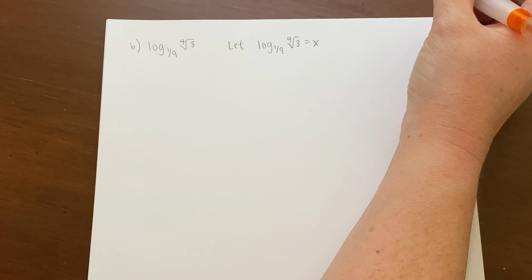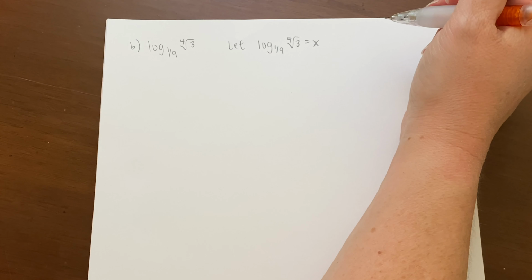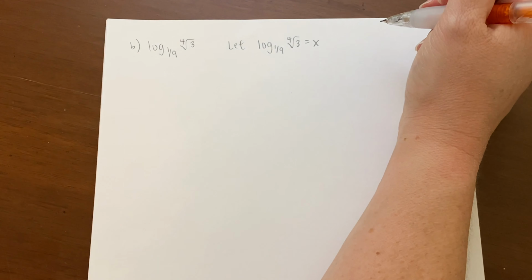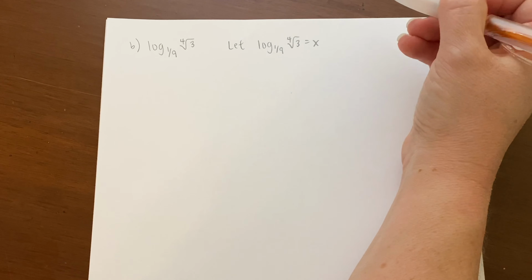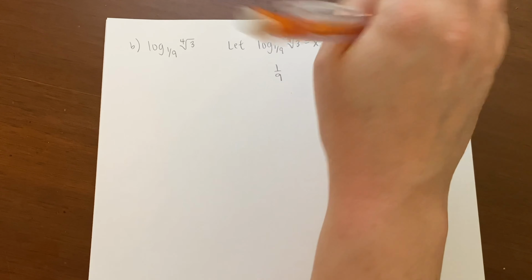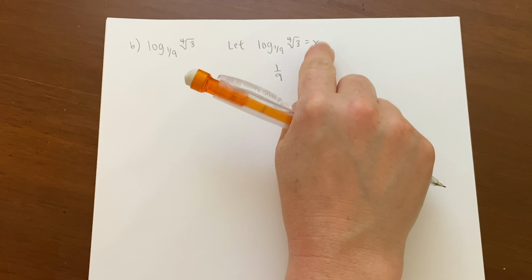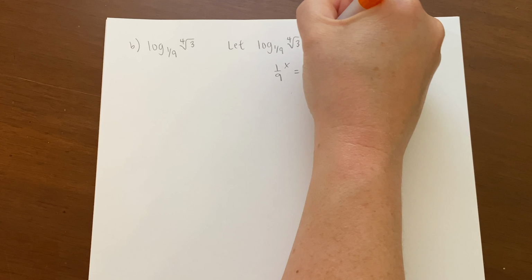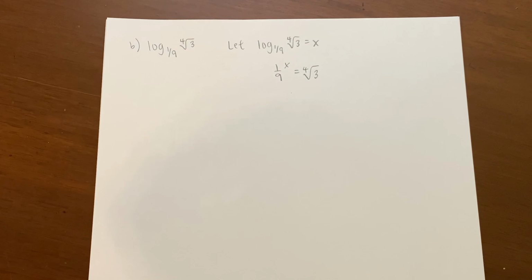And then it's usually easier to work in exponential form. So we're going to rewrite this in exponential form. The base stays the base. Where's the base? 1/9. So the base stays the base. The others switch place. So the x is going to come over here. The 4th root of 3 is going to go to the other side. All right, that's step 1.